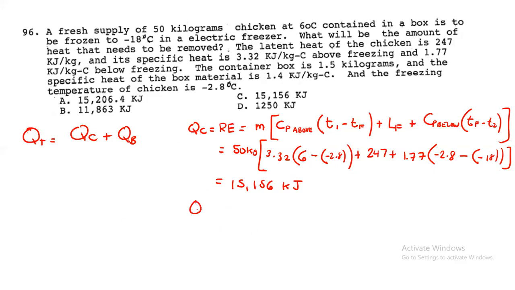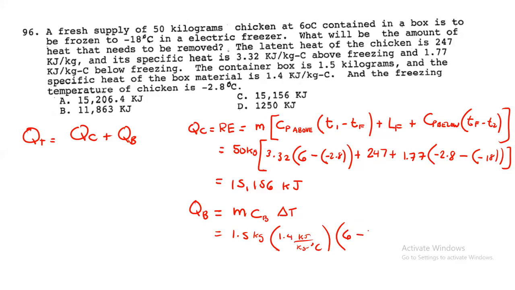Then, para makuha naman natin yung Q ng box, paano natin makuha yung Q ng box? MC delta T lang yan. MC ng box times delta T. So, ang mass ng box is 1.5 kilograms times CP ng box or specific heat ng box is 1.4 kilojoules per kilogram degrees Celsius, times change in temperature natin. So, from 6 degrees Celsius sa temperature ng box, papunta sa 18 degrees Celsius kung kailan siya i-freeze.